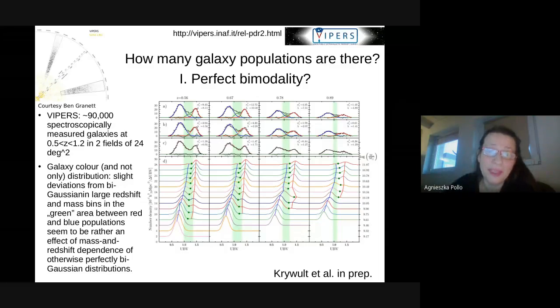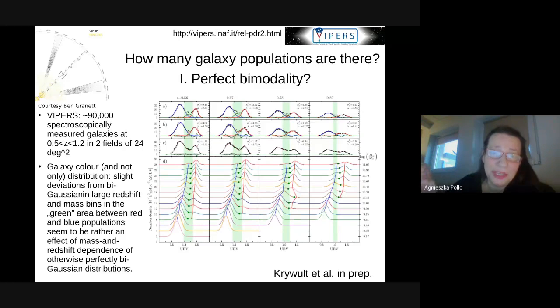And one thing we find is that if we go really into detail, in galaxy colors and other properties, the galaxy population seems to be very precisely not only bimodal, but also bigaussian.